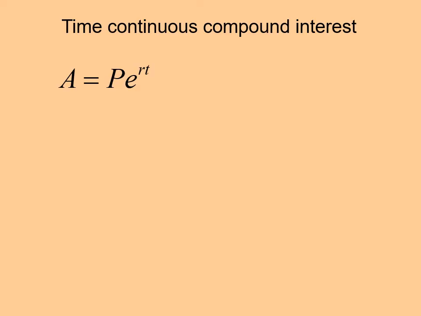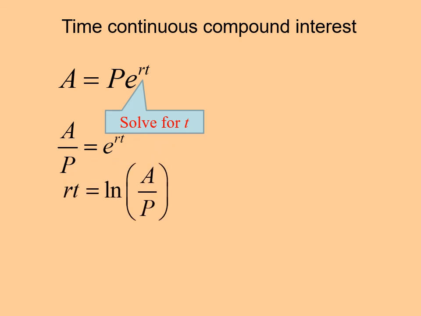And our last formula is solving for the t in the compound interest formula. So we need to divide both sides by P. Now we have exponential form, the base, exponent, and other number. We can change that to logarithm form. And to get the t by itself, divide by the r.